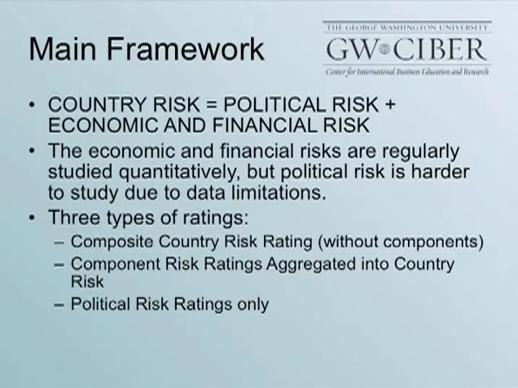And I think that if you start with that definition and then go to the main working framework that I think most people in the area have discussed, a simple statement is that country risk is basically the summation of one component for political risk and one component for economic and financial risk. This component for economic and financial risk is very quantitative.